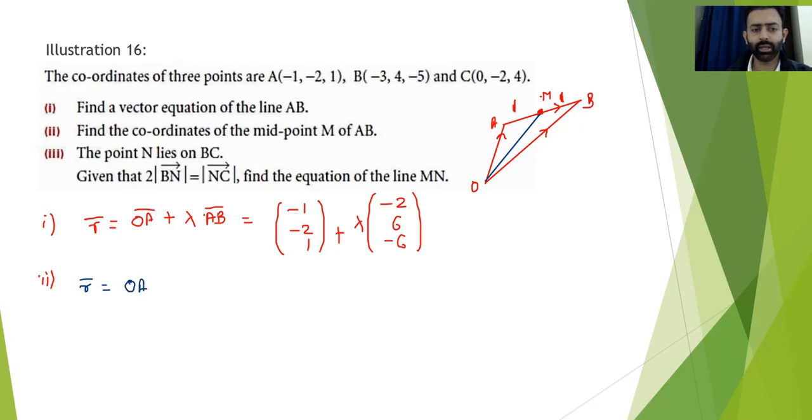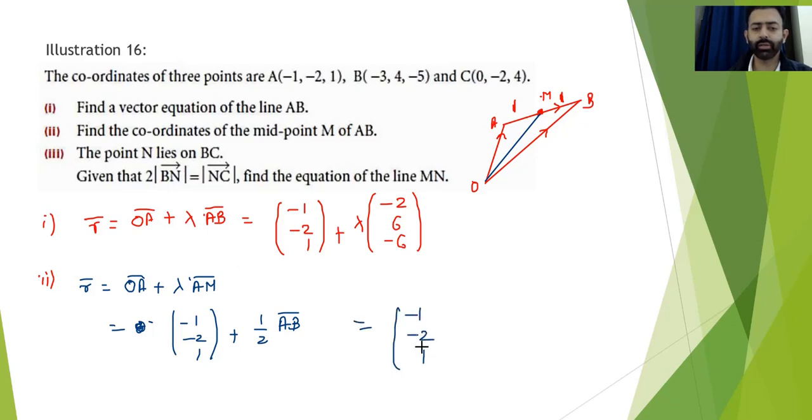So let that position vector be vector R. So this is OA plus, so this distance is 1, that means in terms of AB I can write AM. Okay, so that means this is OA, let me write the vector minus 1, minus 2 and 1 plus half of AB. AM vector is half of AB. That means minus 1, minus 2 and 1 plus half of minus 2, 6 and minus 6.